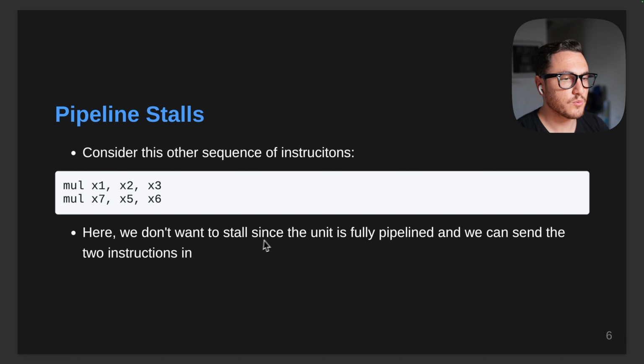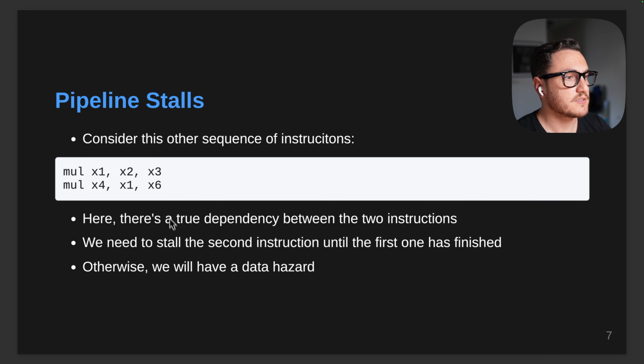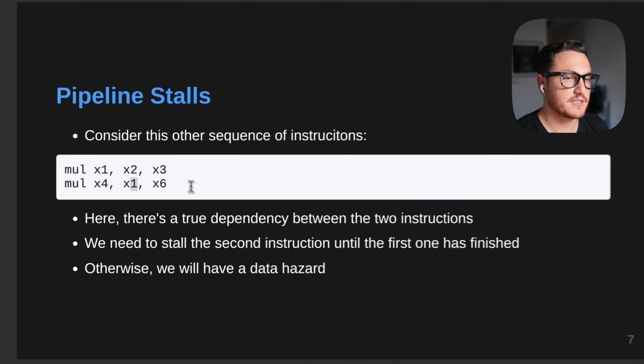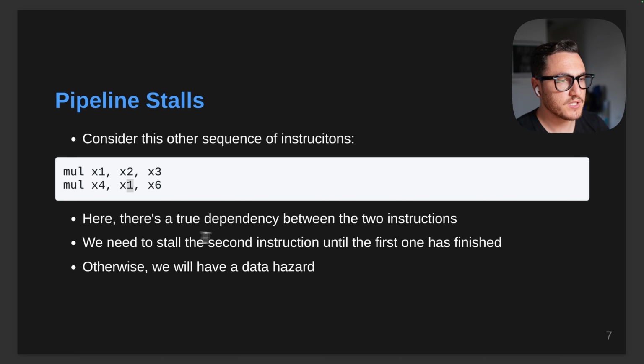So here we don't want to stall, since the unit is fully pipelined and we can send the two instructions in and they get executed in order and committed in order. Let's consider this other sequence where the first multiply feeds the second one. Here there's a true dependency between the two instructions and we need to stall the second instruction until the first one is finished. Otherwise, we will have a read after write data hazard.